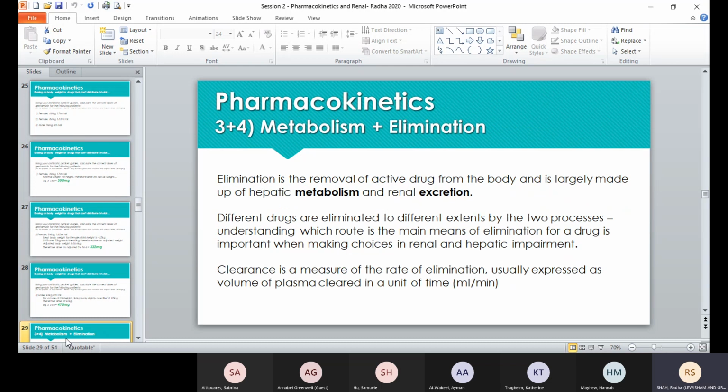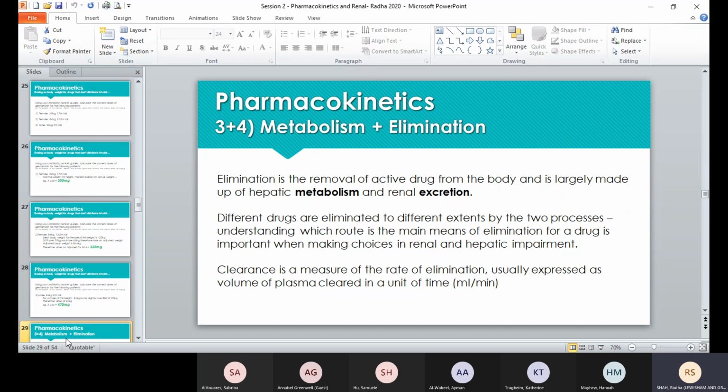So then we have metabolism and elimination. Elimination is the removal of an active drug from the body, and it's largely made up of hepatic metabolism and renal excretion. Different drugs are eliminated to different extents by the two processes. Understanding which is the main route of elimination for a drug is important when making decisions if a patient has renal impairment or hepatic impairment.